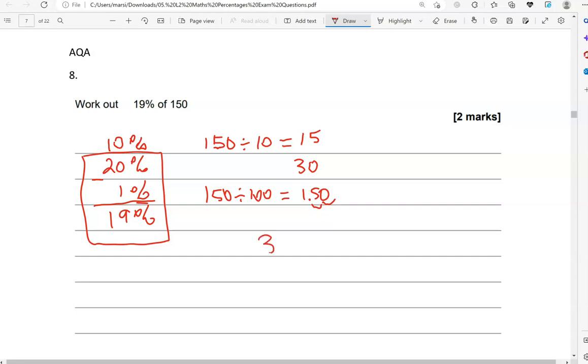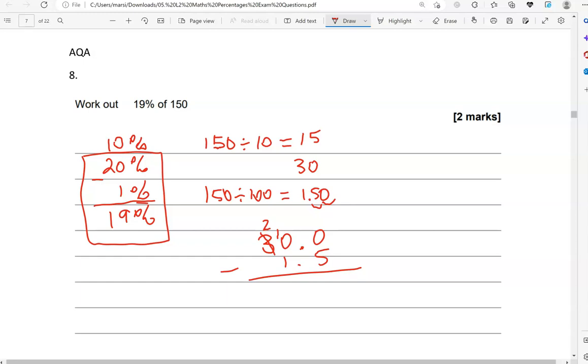So 30, take away 1.5, lining this up correctly. So we need to take away 5 from the 0, which means we've got to borrow. But next to the 0, we've got another 0, so we can't borrow from the 0. That means we need to borrow 1 from this, so this becomes 10, and the 3 becomes 2.